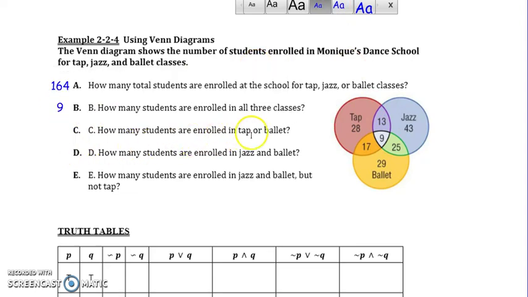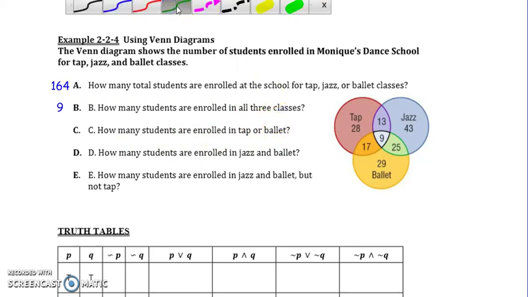How many students are enrolled in tap or ballet? So since this says tap and ballet, and it's the or, it's not the and, it's not the overlap, we have to include actually all of them.